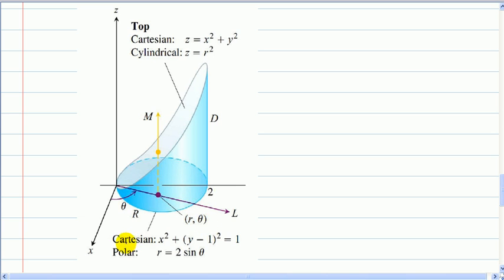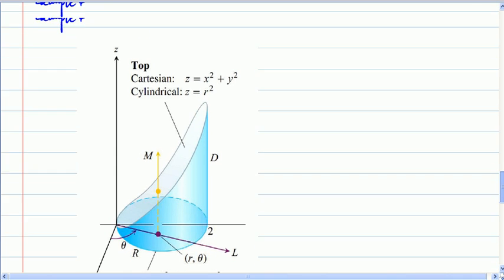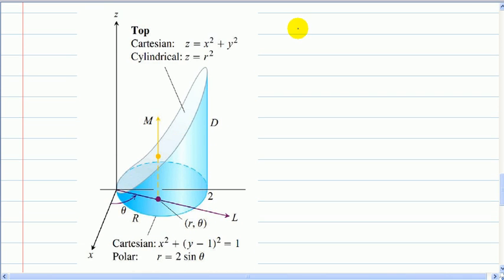The cylinder is described in Cartesian coordinates by this, and the top surface is described by this one here. This is basically a paraboloid, right? We're looking for the volume, so we set up the triple integral. Of course, ordinary triple integrals are fine if you have an integrand there.